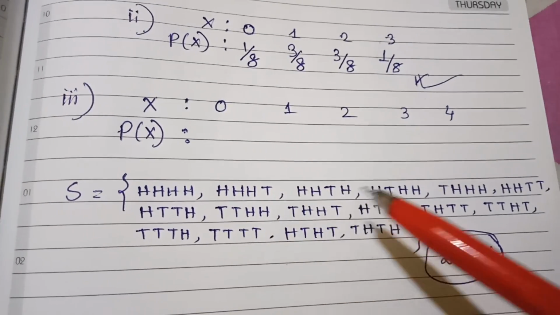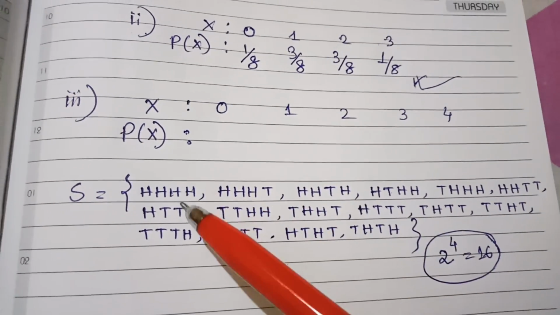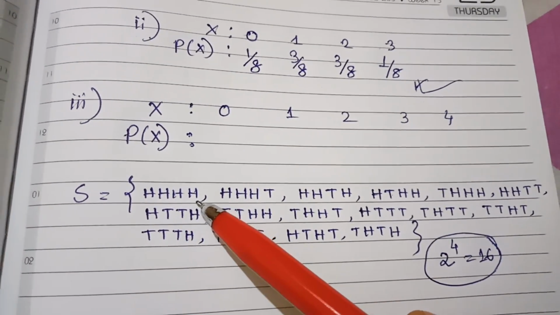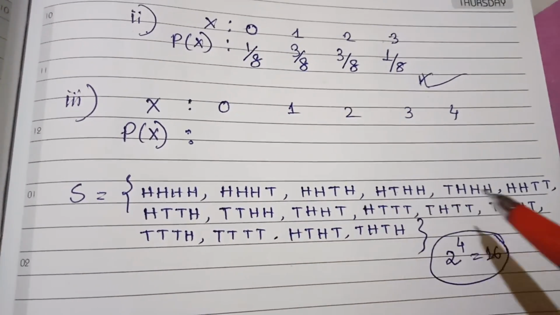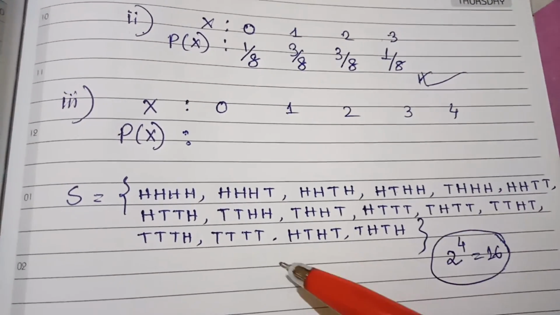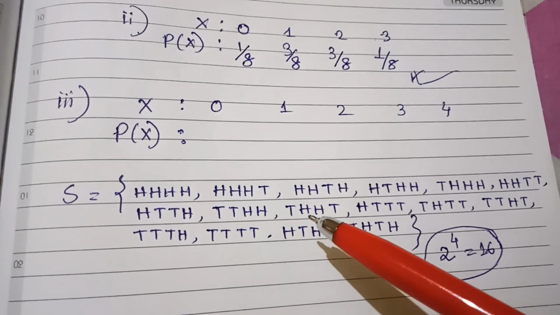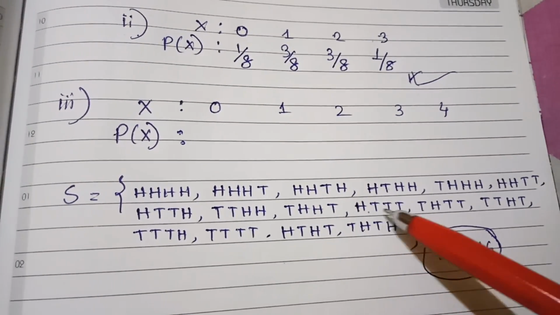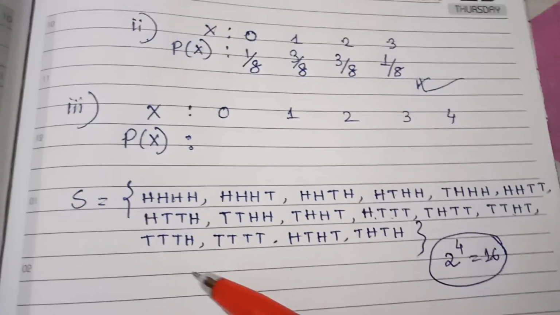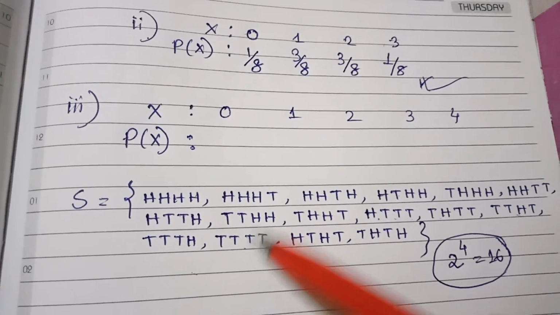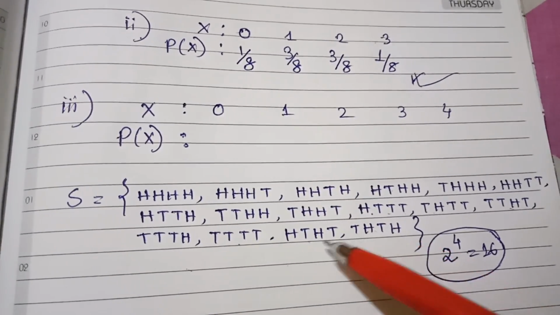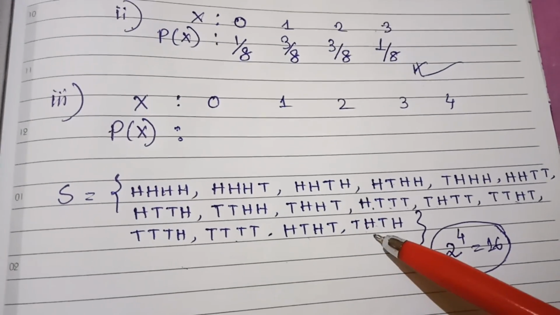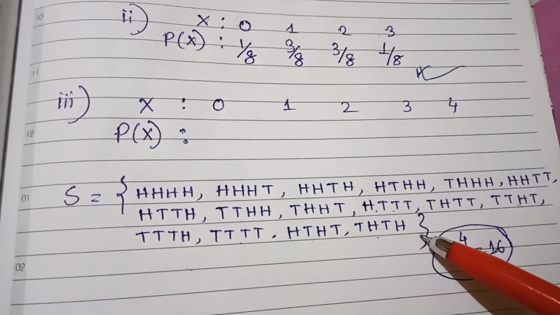And how you will construct it, that's very simple. I started with 4 heads, no tail, then 3 heads, 1 tail, then 2 heads, 2 tails, then 1 head, 3 tails, and then 4 tails. Then I counted that I had not written these 2, so I included these 2. So ultimately I got 16.